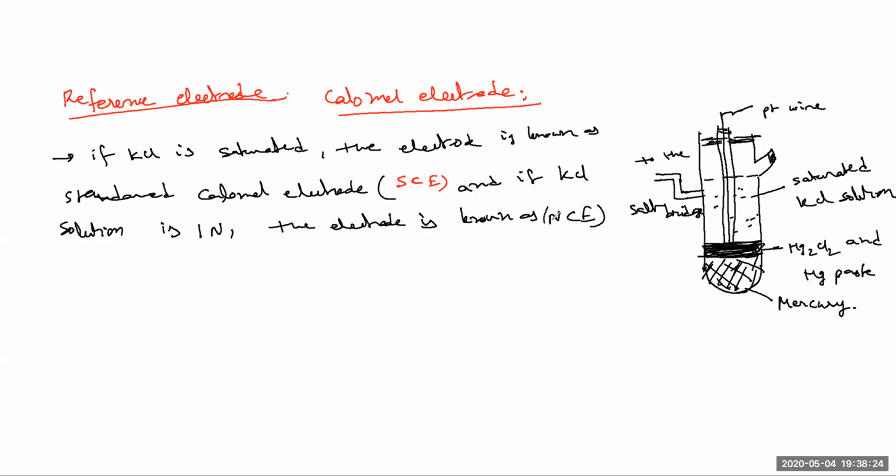Or when it is 0.1 normal KCl, then it is called DNCE.